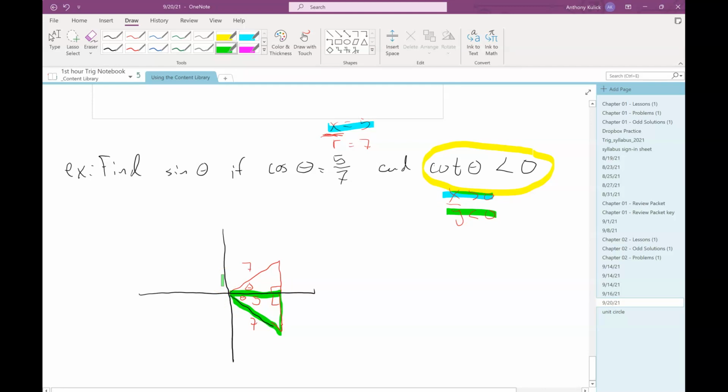So far, so good? So what I'm going to do is start right away by putting a negative sign here on this side because I know it has to be negative since we're in the fourth quadrant. The y-coordinate must be negative. And then I'm just going to use the Pythagorean theorem to solve for that y-coordinate.